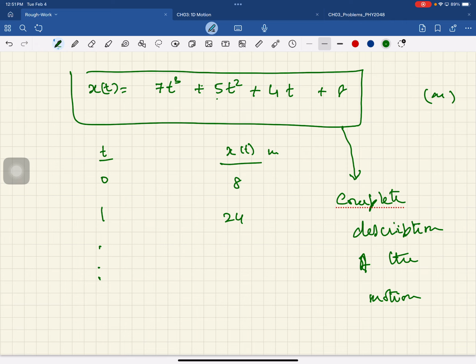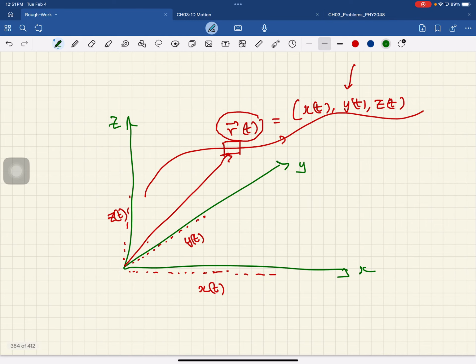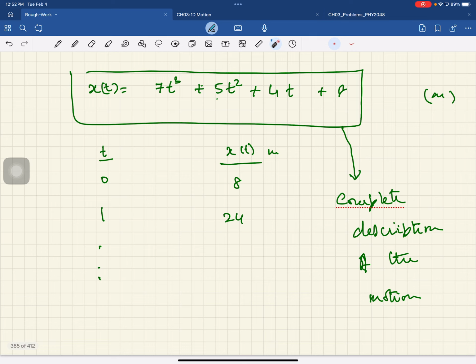And soon, like we said, we'll be graduating to three-dimensional motion. Okay? So when you're doing three-dimensional motion, all you're doing is giving me three functions, that's all. Yeah? And if you want to describe n-dimensional motions, give me n functions, that's it. Yeah? All right. Any other questions before we proceed?